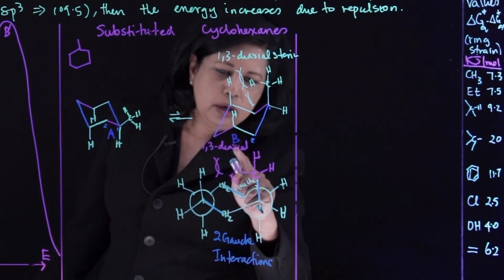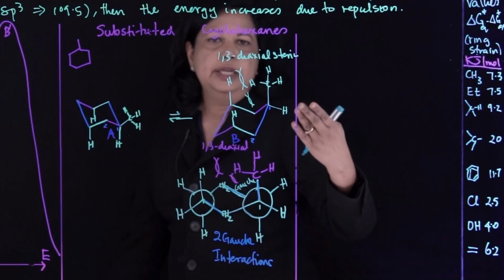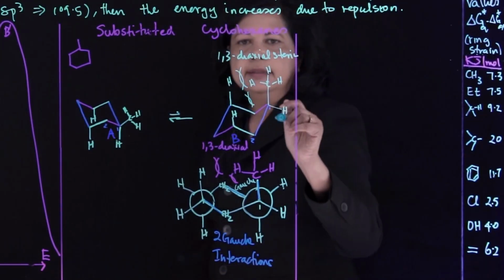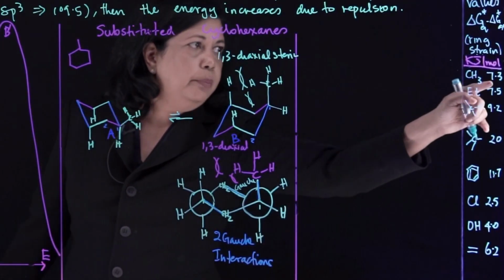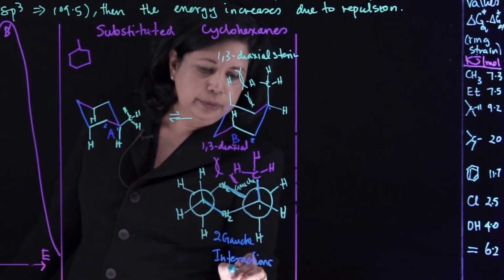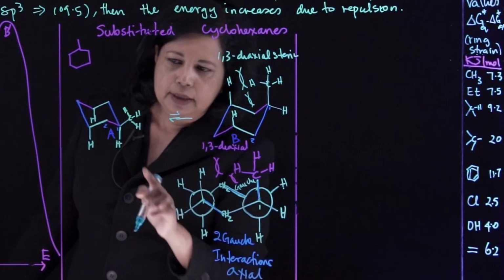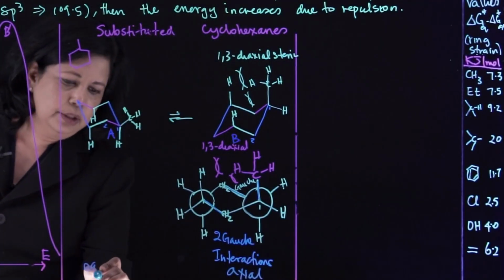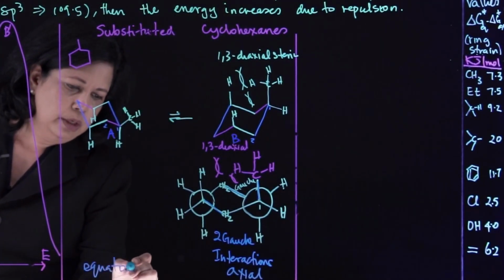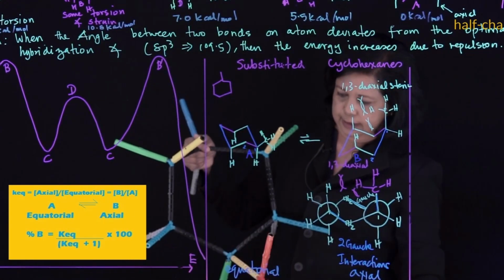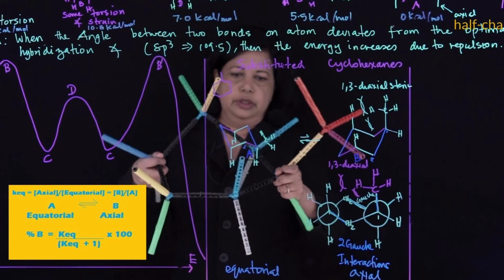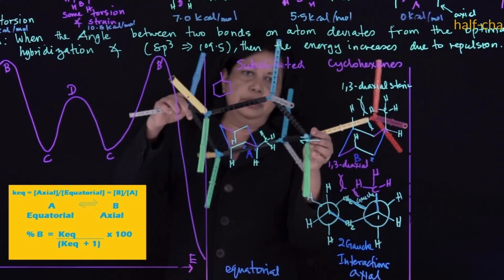So all of this is raising the energy of the axial over the equatorial by 7.3 for this methyl group. So here's your axial, and here's your equatorial. Just for practice, if you want to draw equatorial in the Newman projection for the chair, this is going to be in your equatorial position. This is coming to a side.